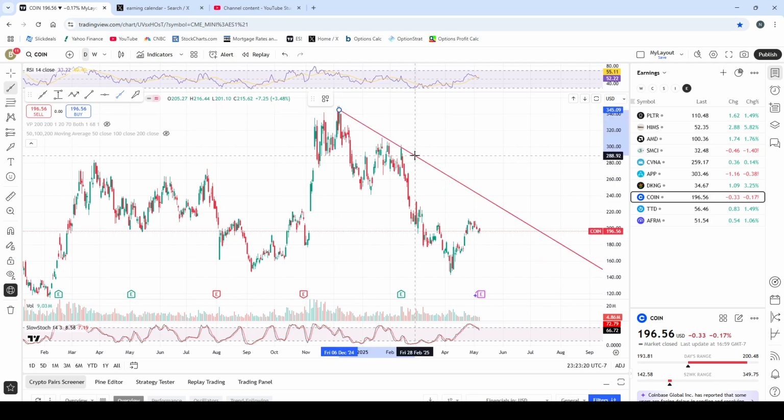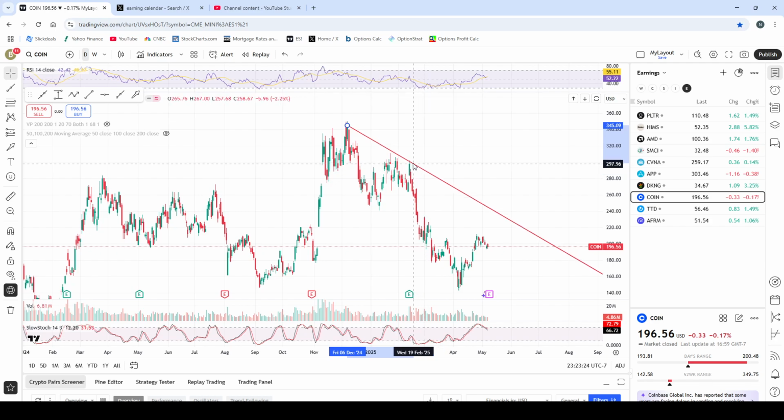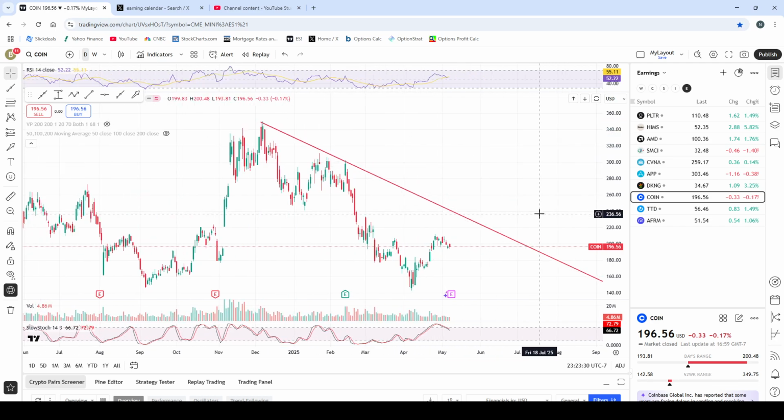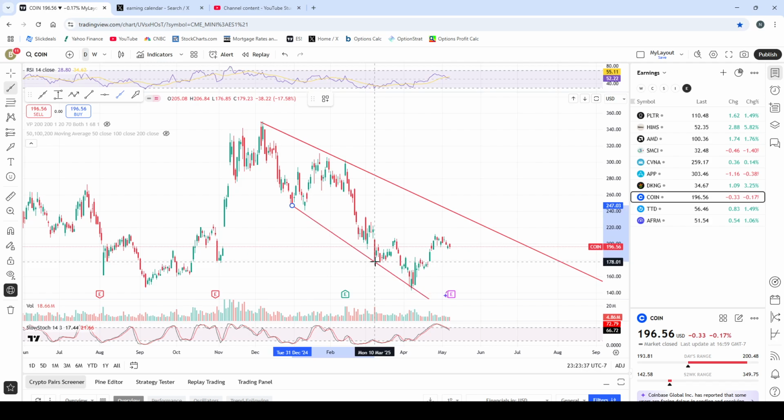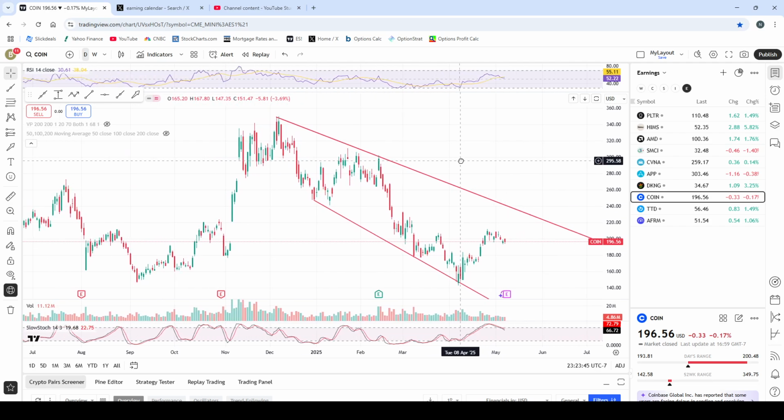So again, I'm going to draw a trend line from one high to another high. Then low to the other low. You can see that it crosses multiple lows, which means it's a good trend line.